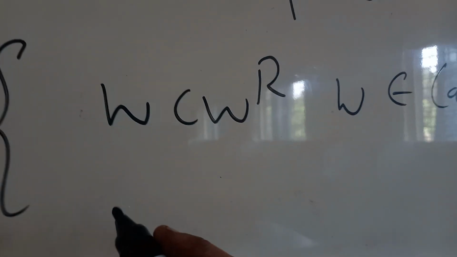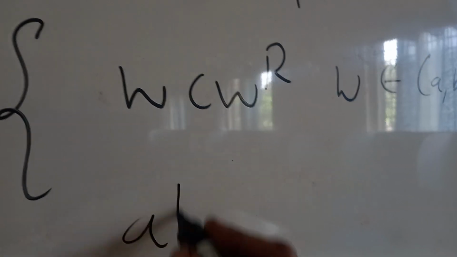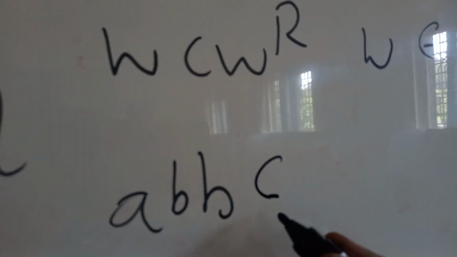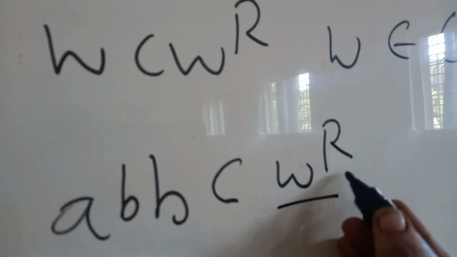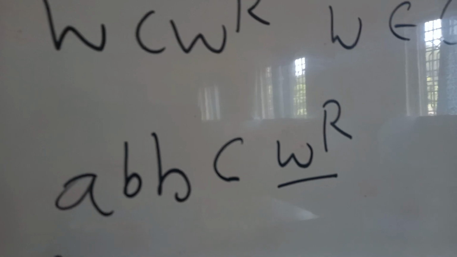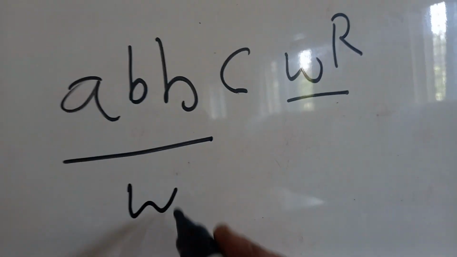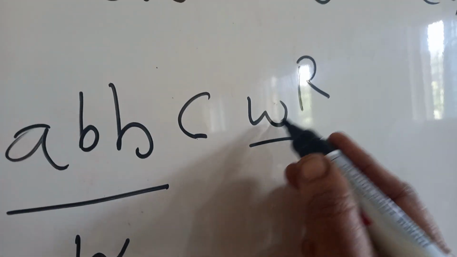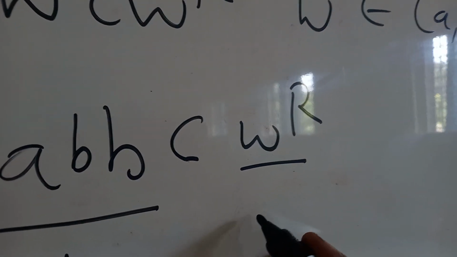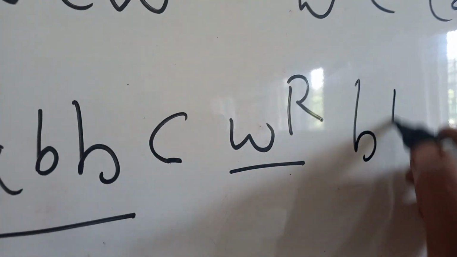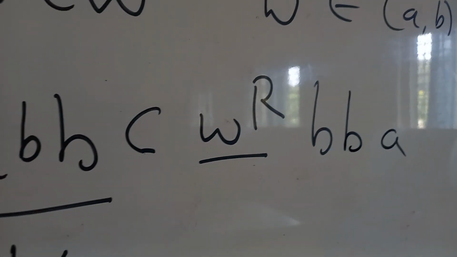Suppose W is abb and C is the middle point, and W to the power of R is nothing but the reverse of W. So abb is W, and W to the power of R means the reverse of abb. The reverse of abb is bba.